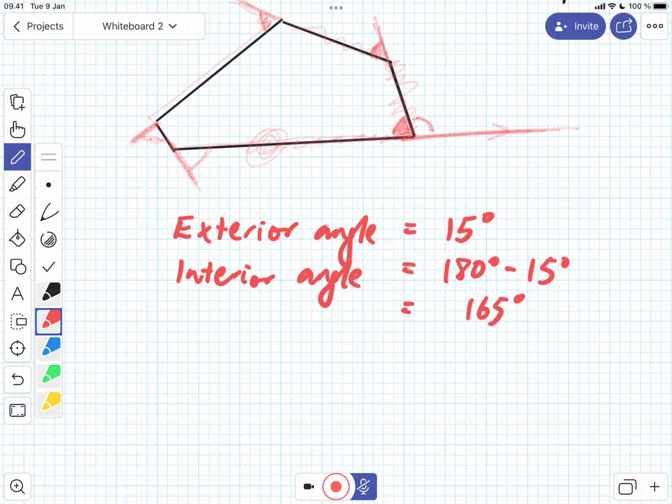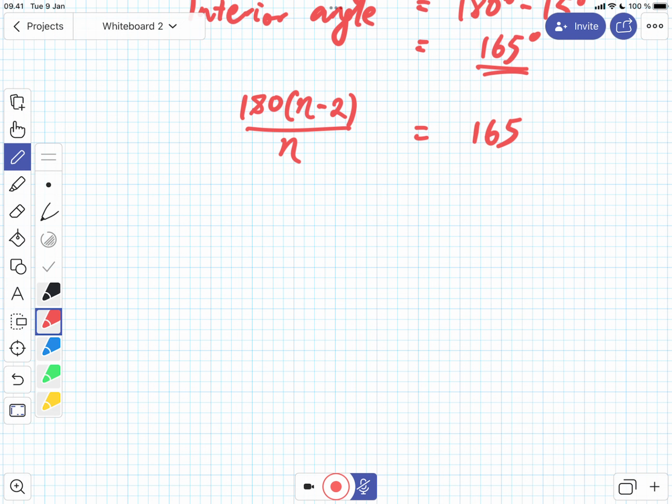We've got a formula for each angle. So each angle in a regular polygon is 180 times n minus 2 divided by the number of sides, n. And we've just figured out that that's 165 degrees. So 180 times n minus 2 over n is 165. That's an equation that we can use to figure out what n is.